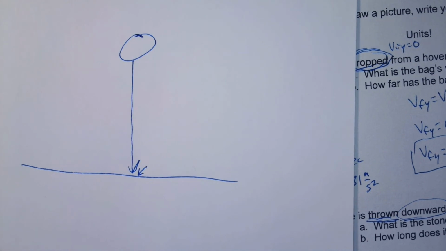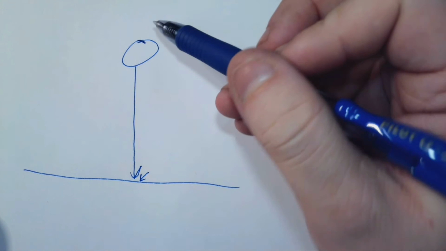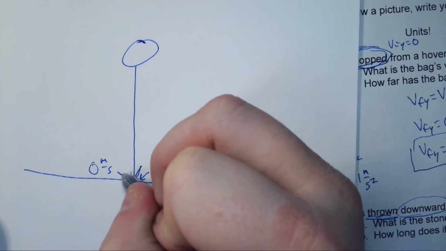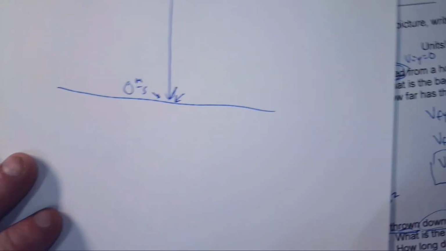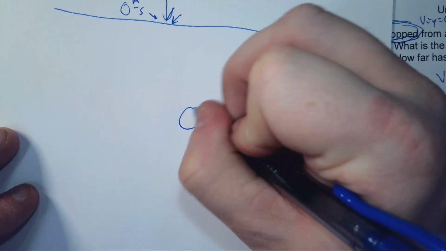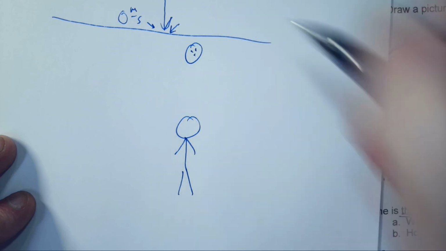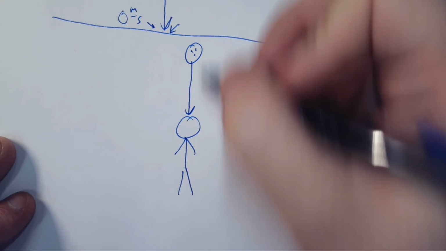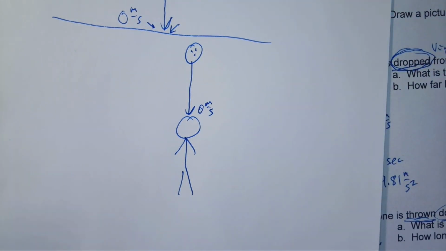Here is a reason why it's not 0. And people say, well, it should be 0. Here's kind of a scenario. If I were to throw the rock down or just drop the rock and it would be going 0 meters per second at the moment it hit the ground, that means that it wouldn't be moving. So if that was the case, which it's not, you could be standing somewhere and somebody could have a bowling ball above your head and they could drop it on your head, and if it was 0 meters per second when it hit, that means it's not moving, that means it wouldn't hurt your head.